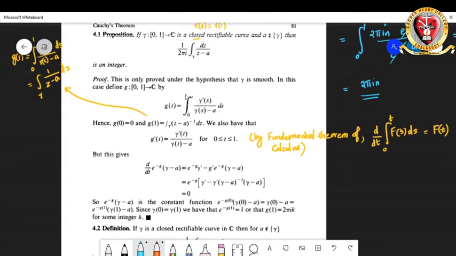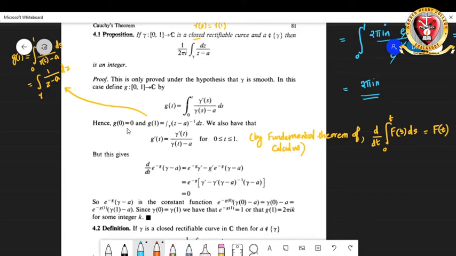So for that, we are assuming for our convenience that gamma is smooth. Define a function g from the closed interval 0 1 to C by g of t is equal to the integral from 0 to t of gamma dash of s divided by gamma of s minus a ds.